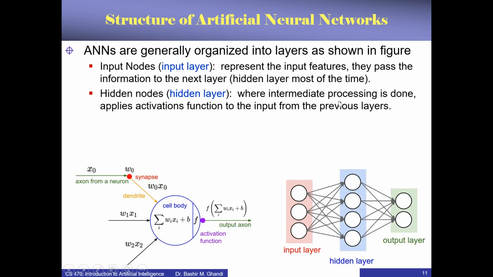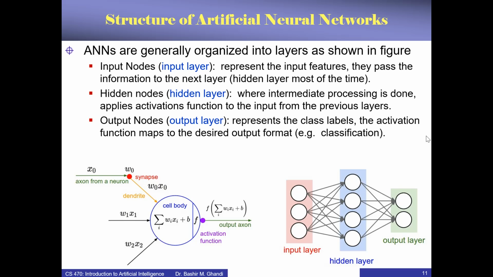It represents intermediate processing that is done before the final output is computed. The hidden layer will receive input from, let's say, an input layer, apply its activation function, and then pass the output to the next layer.